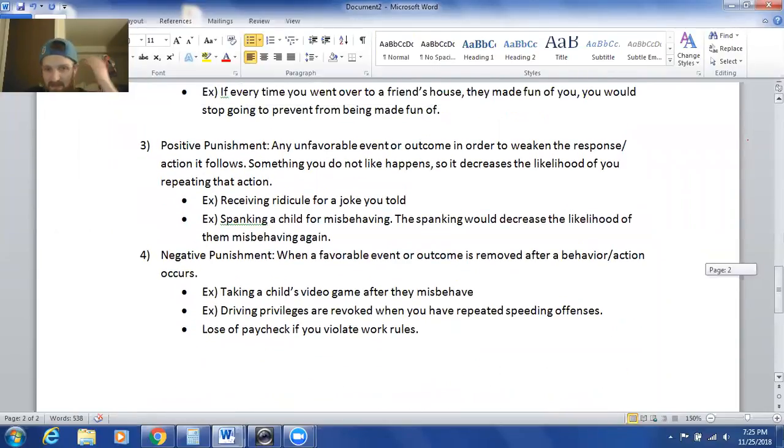And then positive punishment is when an unfavorable action happens after to reduce the likelihood of it happening. And then negative punishment is when a favorable event is taken away from someone due to them doing a behavior, so it decreases the likelihood of them wanting to do it again.